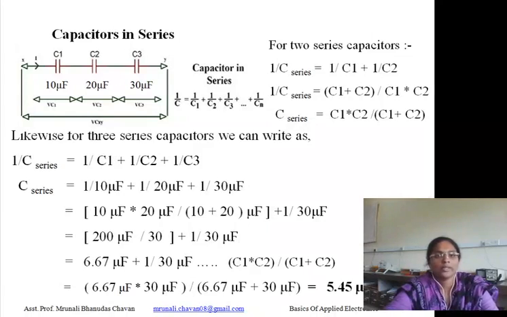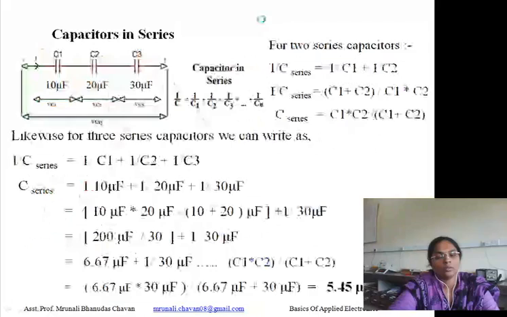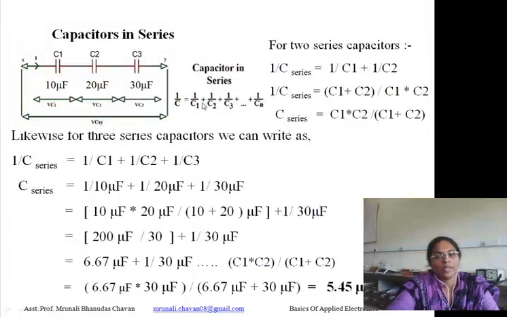But if capacitors are in series, then the equation is the reciprocal. That means, for n capacitance, we can say 1 by C is equal to 1 by C1 plus 1 by C2 plus 1 by C3, likewise plus 1 by Cn.